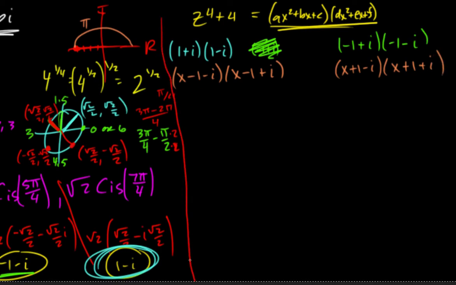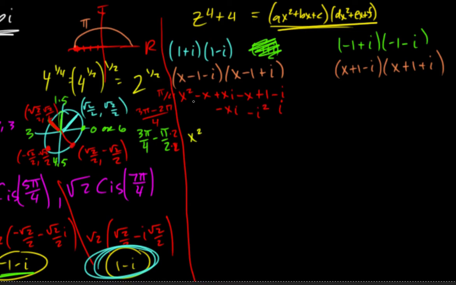So x times x is x squared minus x plus xi minus x plus 1 minus i, and I'll write them kind of below here. So now I'm doing negative i times x, negative xi, positive i, and then negative i squared.